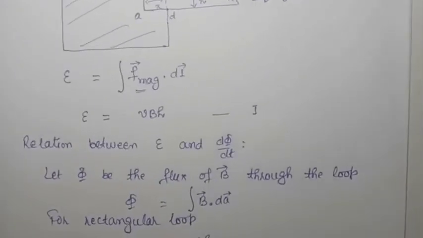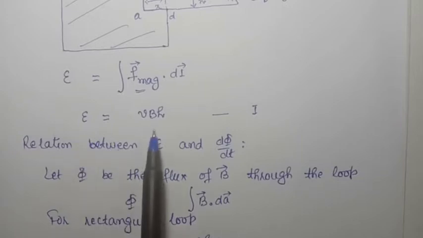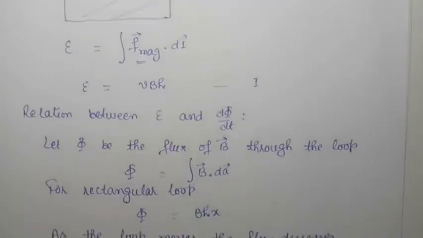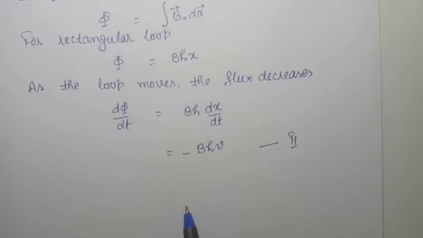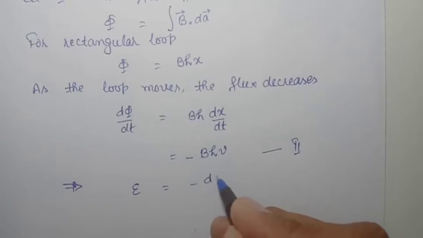So when we compare with equation 1, EMF equals vBH, and d phi by dt is equal to minus BHv. From these two equations we can write EMF equals minus d phi by dt.